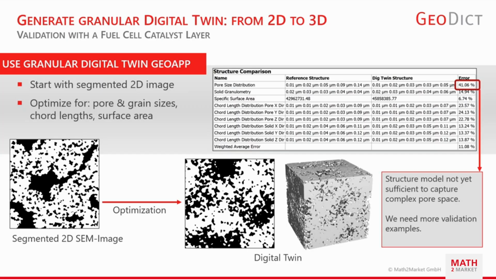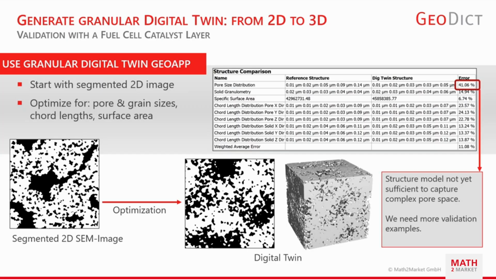Okay, so the last topic will be about 2D to 3D. As you've already heard, we have two GeoApps in GeoDict 25. With one, you can create statistical digital twins for fiber structures, and we have another version designed for granular structures. And we have tested if we can also model a catalyst layer.